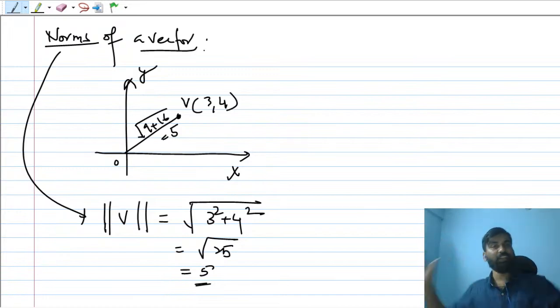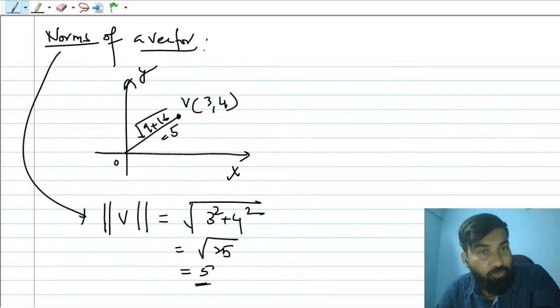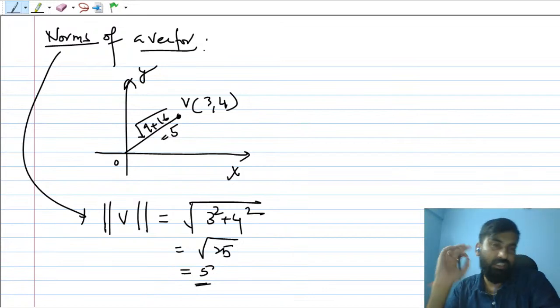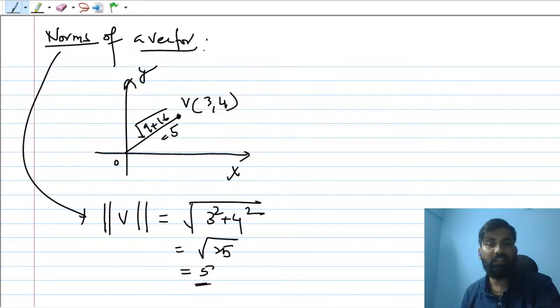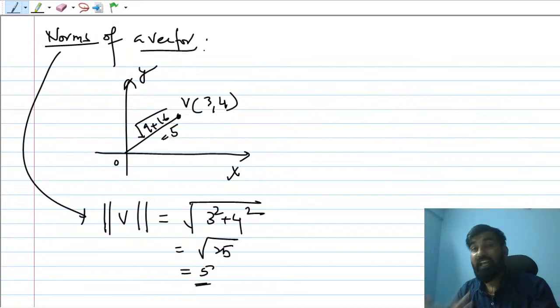There are different types of norms, okay, L2 norms, P norms, but in this session I'm just going to discuss the norm of a vector, primarily. In later sessions I will also discuss the types of norms of a vector.